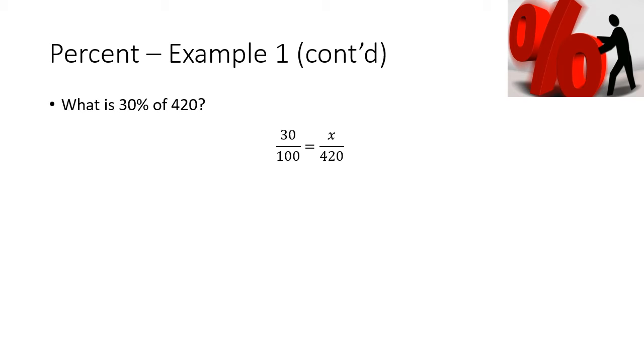So now we cross multiply. And if you don't remember how to cross multiply, we just take the numerator and multiply it by this denominator, and take this numerator and multiply it by that denominator. So it would be 100 times x and 30 times 420.